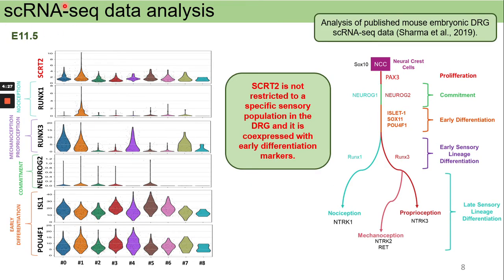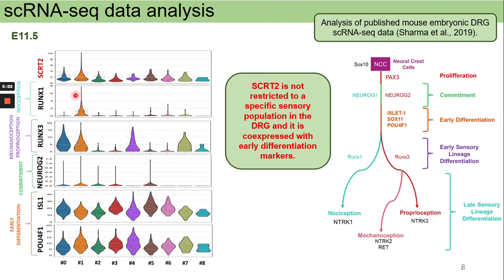With the single-cell RNA-seq data analysis, we analyzed published mouse embryonic DRG single-cell RNA-seq data, and through the comparison of expression of SCRATCH2 with the expression of other markers of the different phases of DRG development, we observed that SCRATCH2 is not restricted to a specific sensory population in the DRG, and it is co-expressed with early differentiation markers.